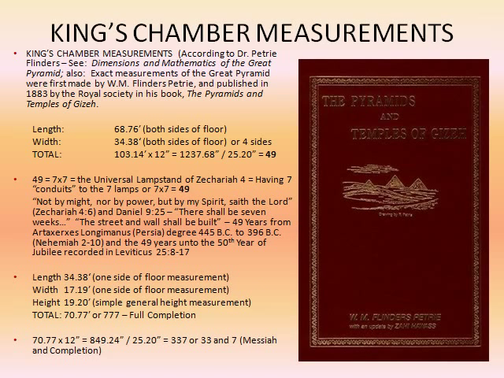The King's Chamber Measurements. The King's Chamber measurements, according to Dr. Petrie Flinders, please see the dimensions and mathematics of the Great Pyramid on the World Wide Web. Also, his exact measurements of the Great Pyramid were first made by Dr. Petrie and published in 1883 by the Royal Society in his book entitled The Pyramids and Temples of Giza.